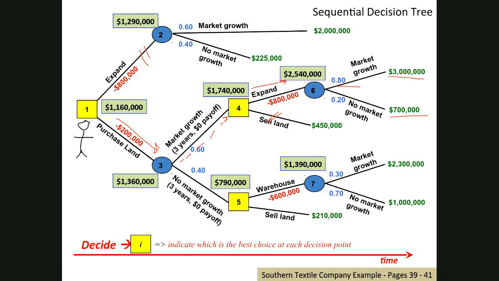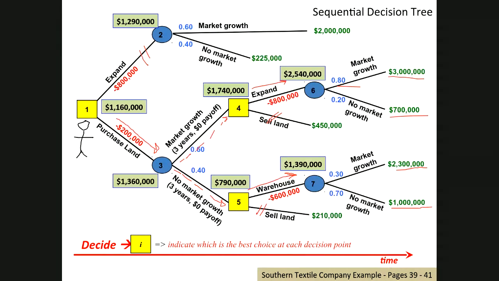On the other hand, if the market doesn't grow, once we get here, we will decide to develop the warehouse. We will not sell the land, and then we'll wait to see whether the market grows or doesn't grow, and we'll receive a return of 2.3 million or 1 million.